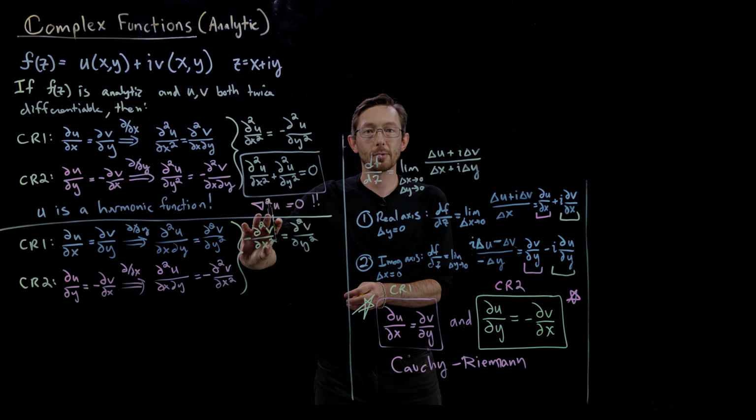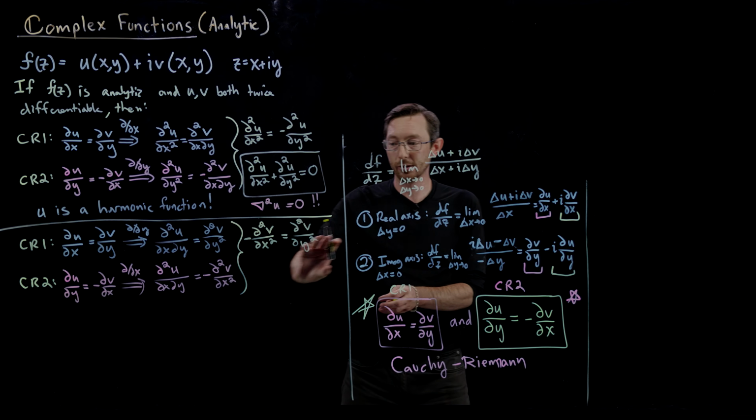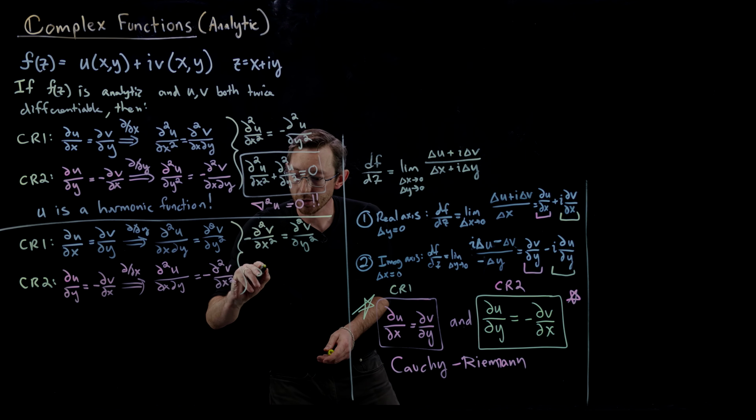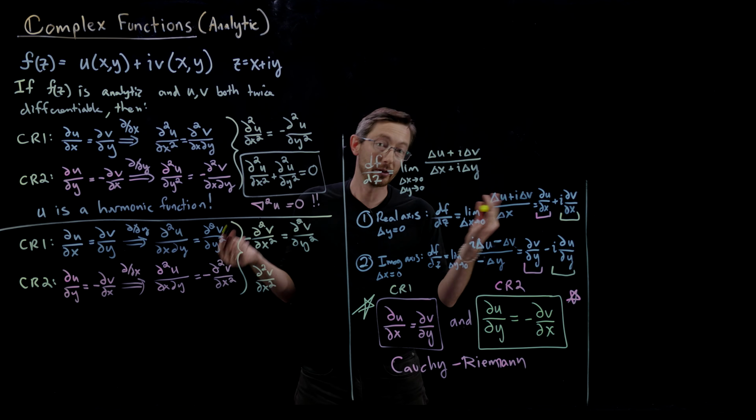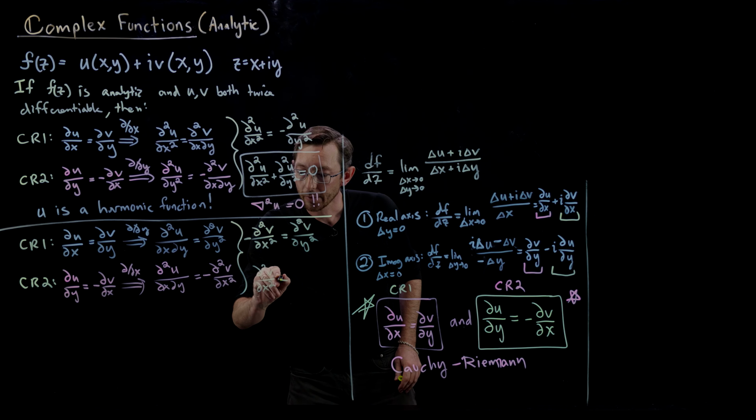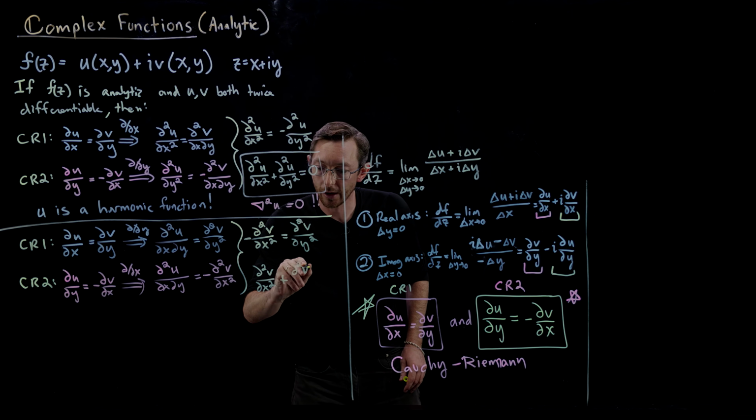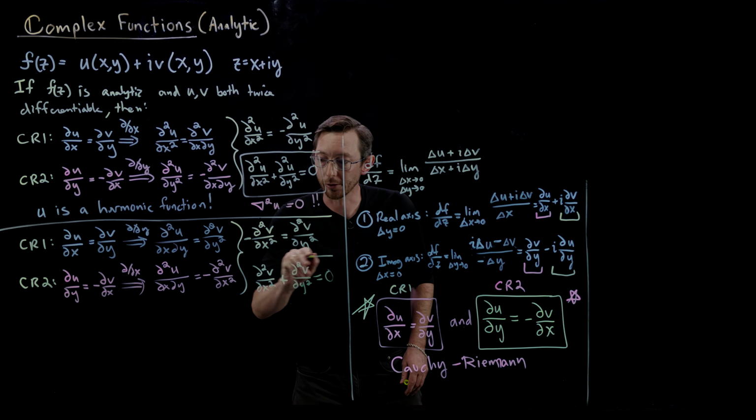And so if I add this to both sides, I get the second partial derivative of v with respect to x, plus the second partial derivative of v with respect to y equals 0.